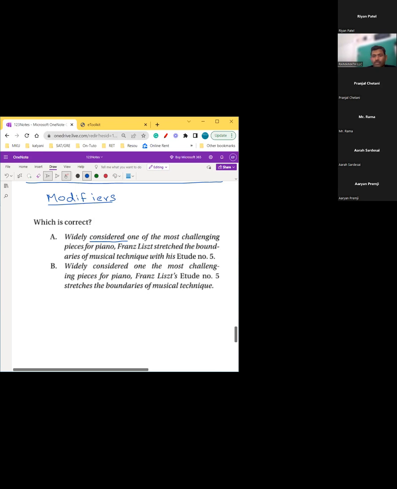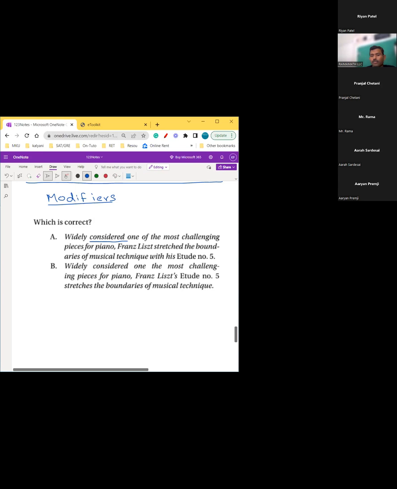Participle phrases don't include their own subjects, so you need to borrow something from the main clause. So what is the subject of the participle in "considered one of the most challenging pieces of the piano"?